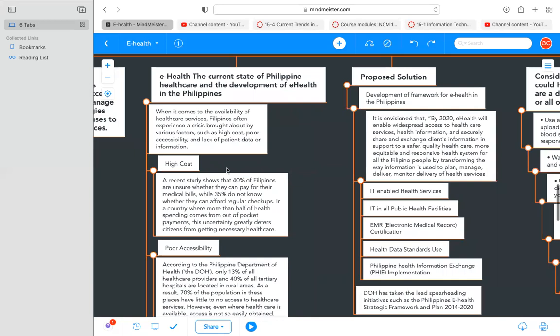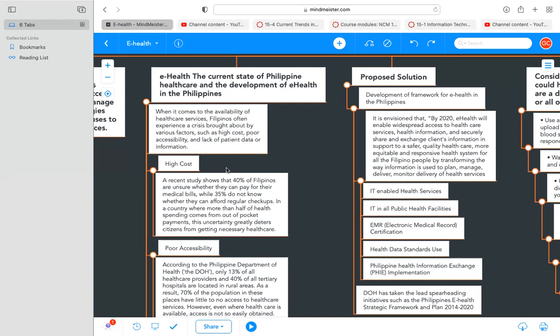And studies reveal that when it comes to the availability of healthcare services, Filipinos often experience a crisis brought about by factors such as high cost, poor accessibility, especially that there are areas with less reliable internet connections, and in some areas it really has no internet accessibility, like the community that we are partnering with in Wawa, Rizal, because of the mountainous area.